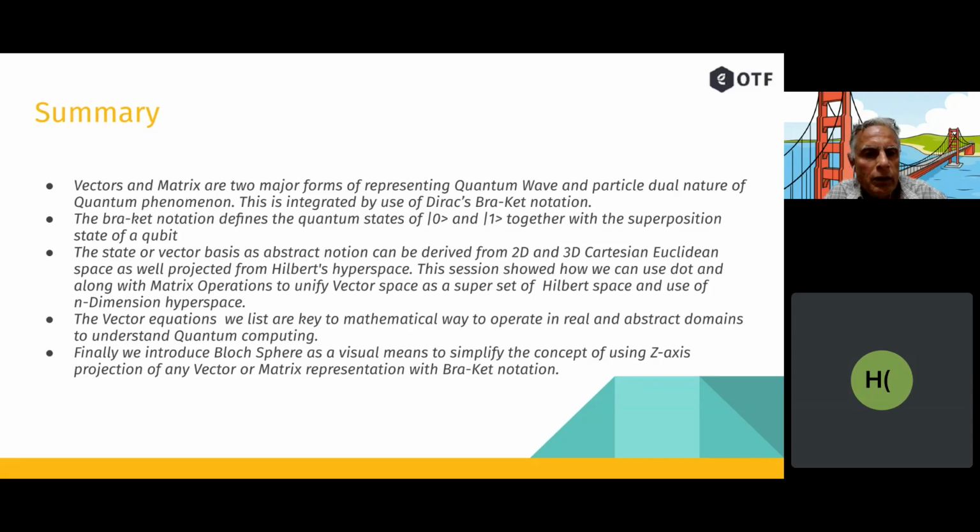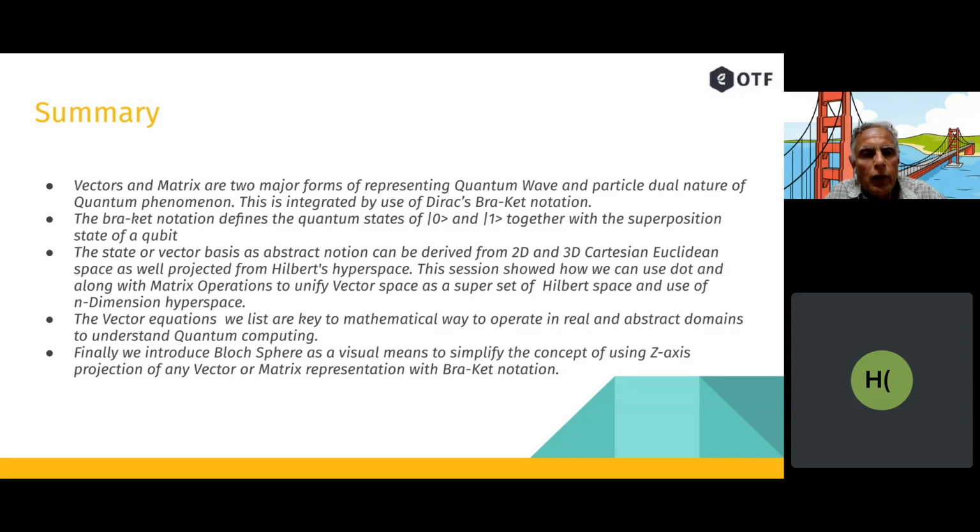In summary, vectors and matrices are two major forms of representing quantum wave and particle duality in nature. We also have the ket, the bra, and bracket notation to support that, using vectors or matrices or bracket notation for simplicity. This is all integrated by the use of Dirac bra-ket notation, as we said. Bra-ket notation defines the quantum states of ket 0 and ket 1, together with the superposition state of the qubit.